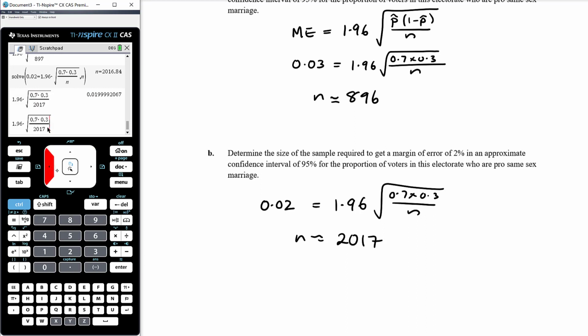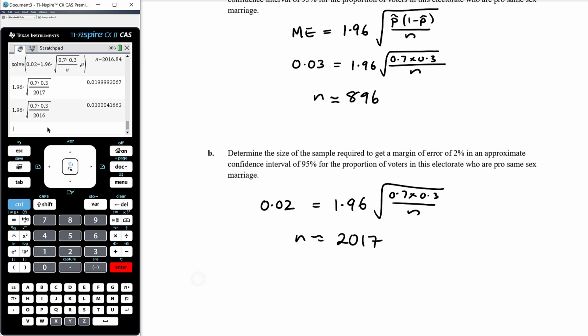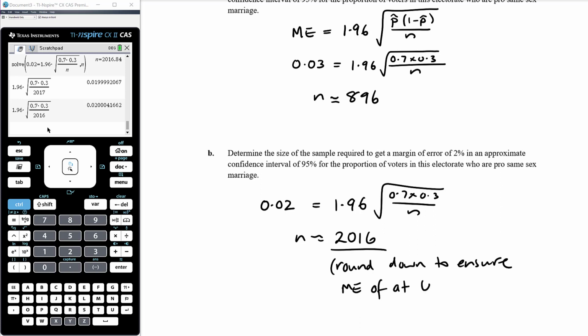So again, we should be rounding down to 2016 to ensure that we do actually get that 2% margin of error. So 2016, we need to round down to ensure the margin of error of at least 2%.